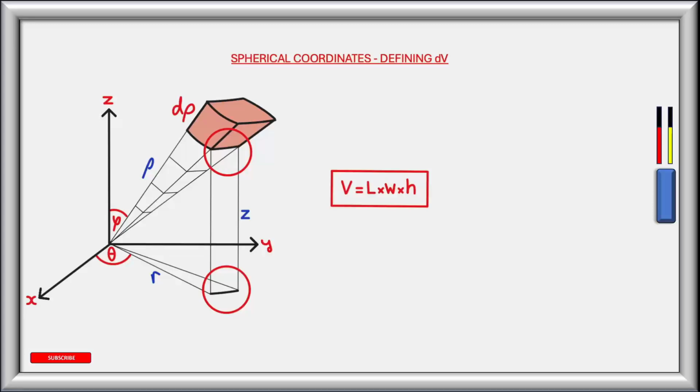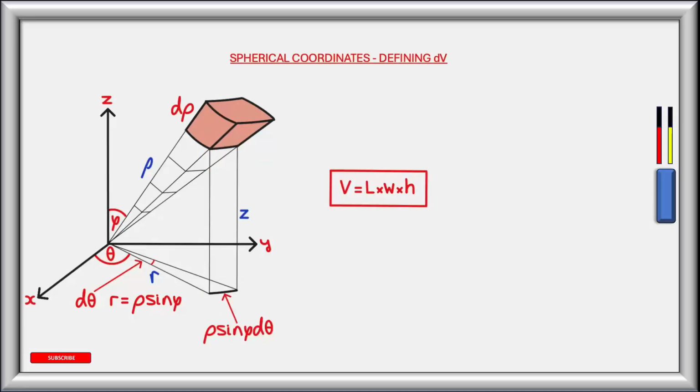We also saw that r translated to ρ sine phi when using spherical coordinates.